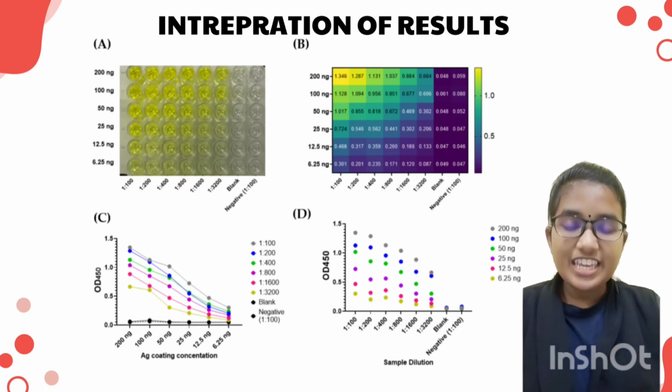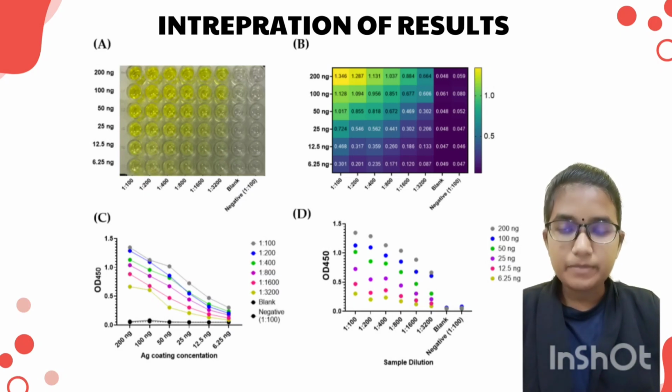Picture A shows the range of SARS-CoV-2 spike protein coating concentration from 6.25 nanogram to 200 nanogram. For picture B, the positive result is from 1 to 100 to 1 to 3200 ratio.